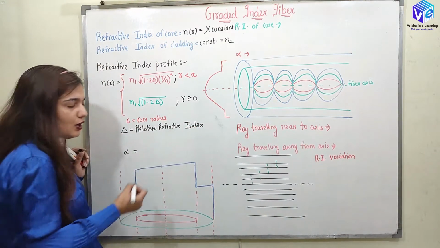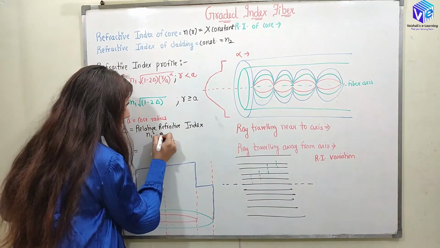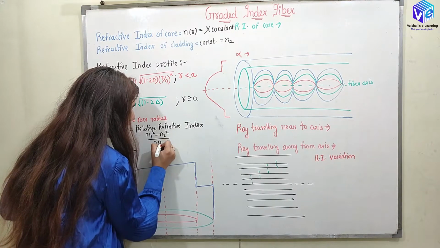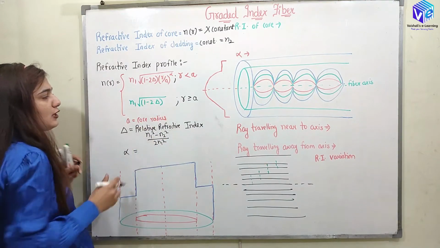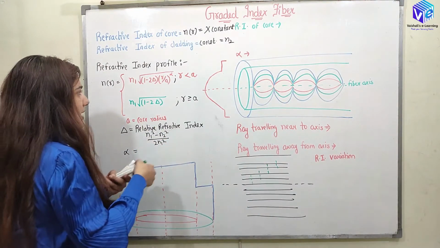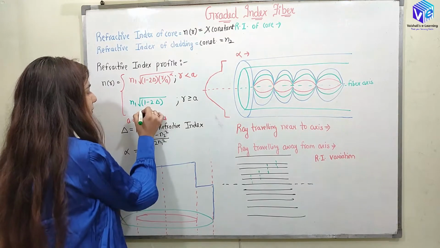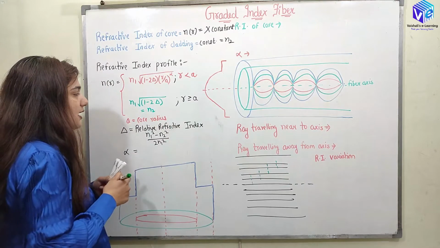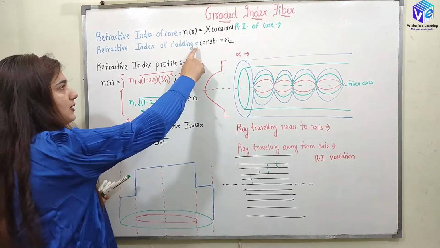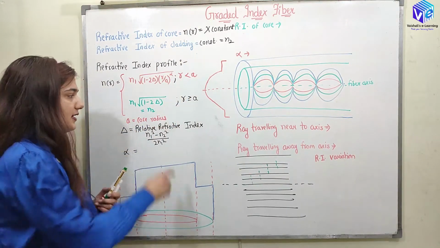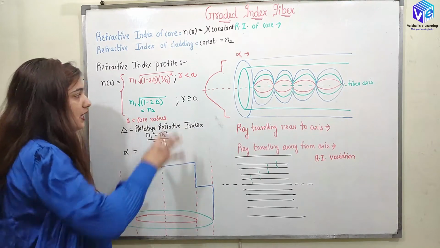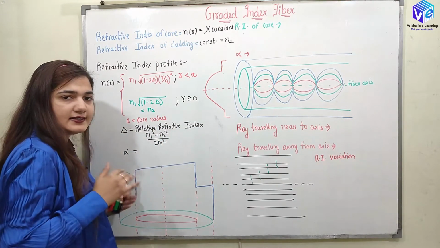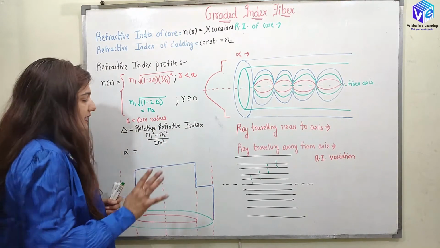It is n1 square minus n2 square upon 2 n1 square. Let's put the value of delta over here and you will find that it comes out equal to n2. When it comes out equal to n2, it means we have a constant refractive index that does not depend upon r. From here also I have verified that the refractive index of the cladding is constant.